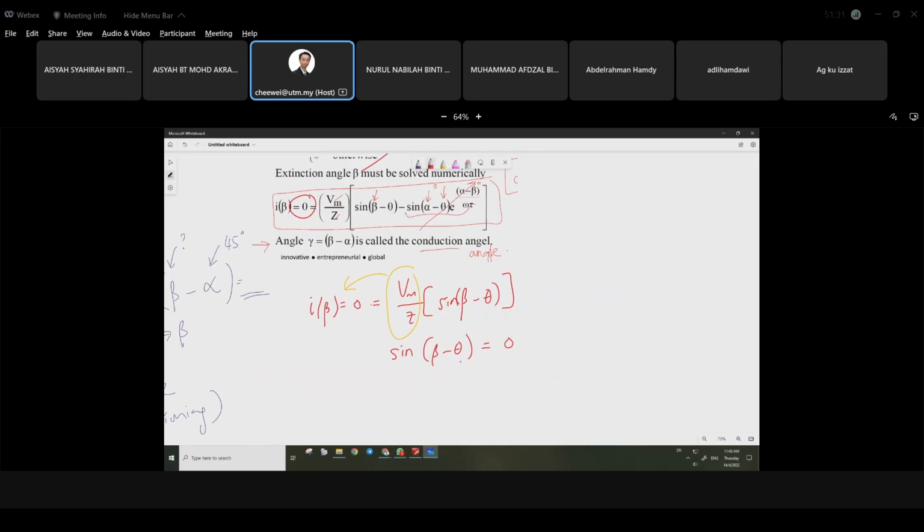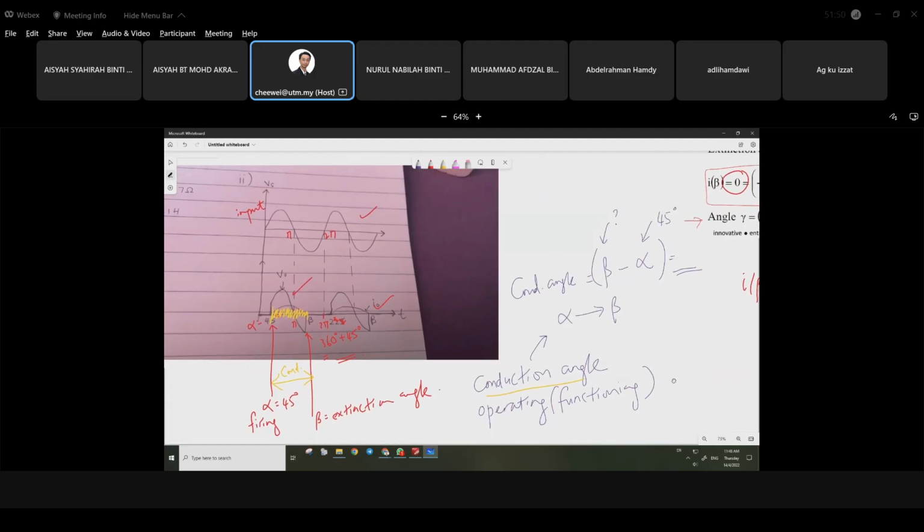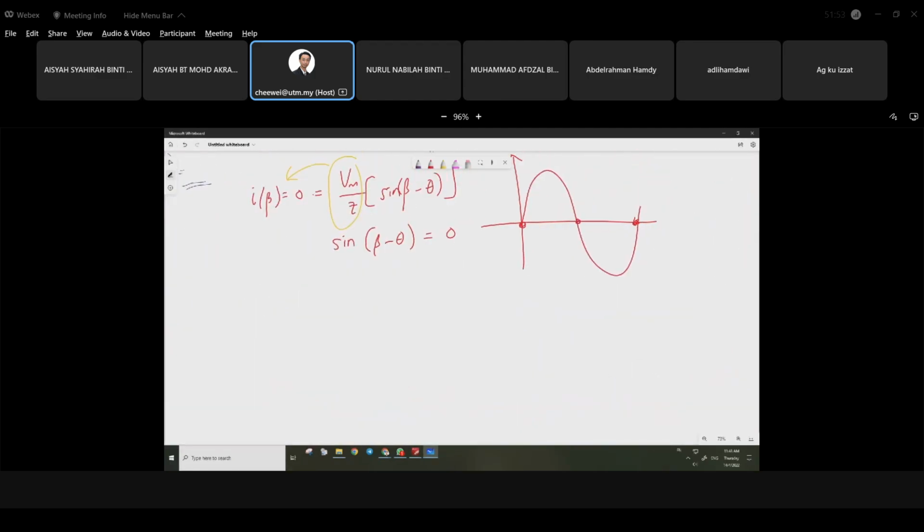So what sine gives zero? Look at the waveform. Can you tell me where is the possible location for beta? Look at the diagram that you just plotted. Where is the location of beta? In between pi and 2 pi, right?